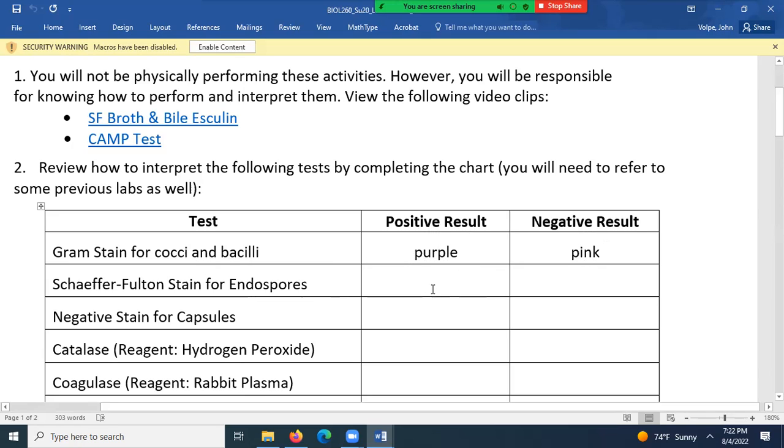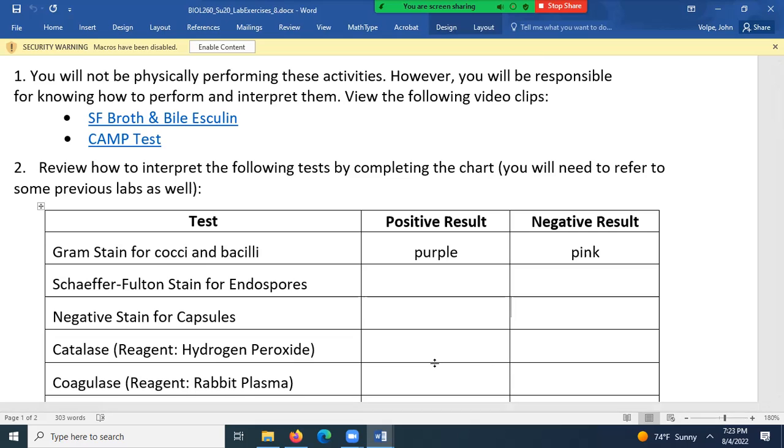We'll put in what a positive result for the Schaeffer-Fulton stain for endospores will be, and then put in what the negative result is. Do the same for a capsule. What does the capsule look like for a positive result? And what does it look like if there is no capsule, a negative result? Put in for the catalase result, hydrogen peroxide. I think that was discussed in our last lab.